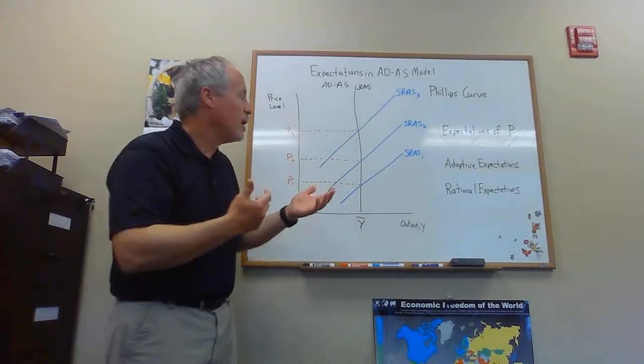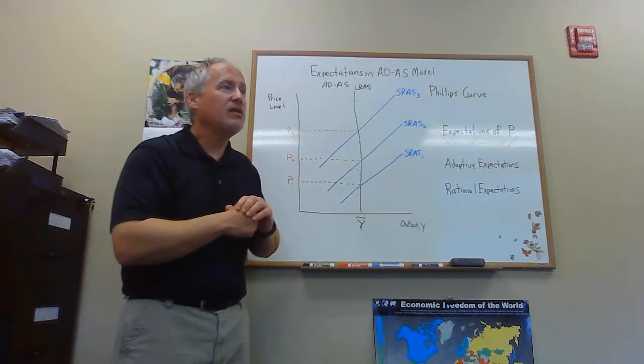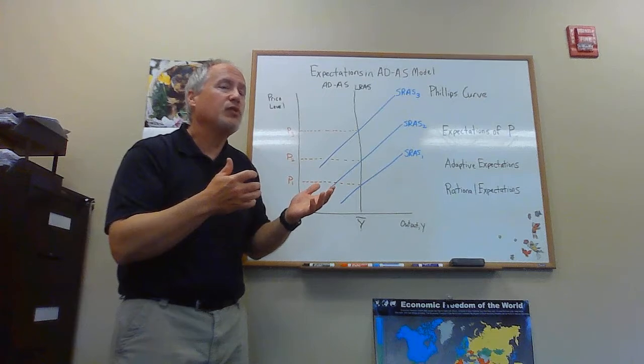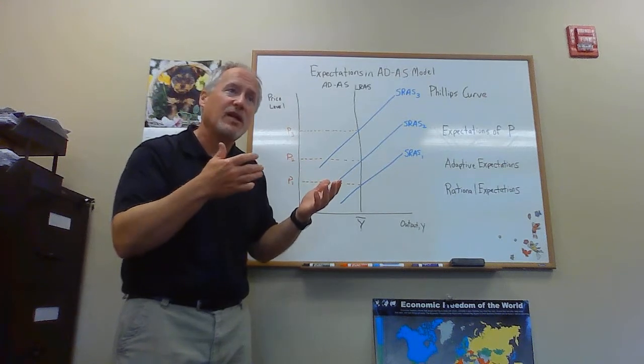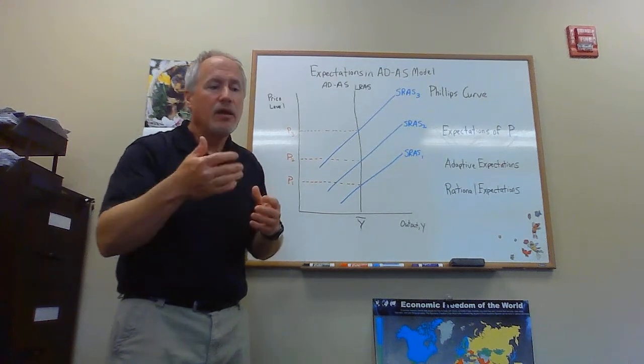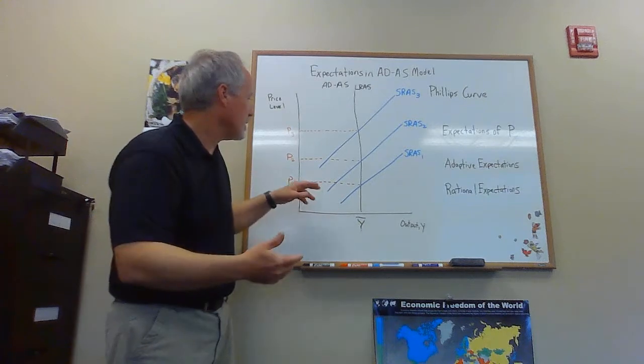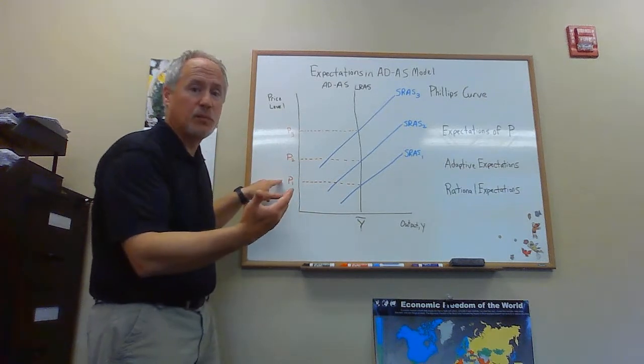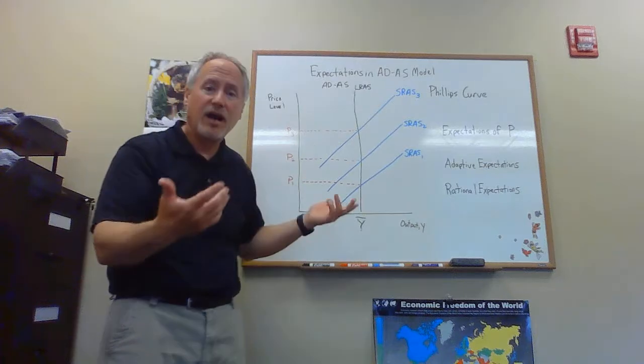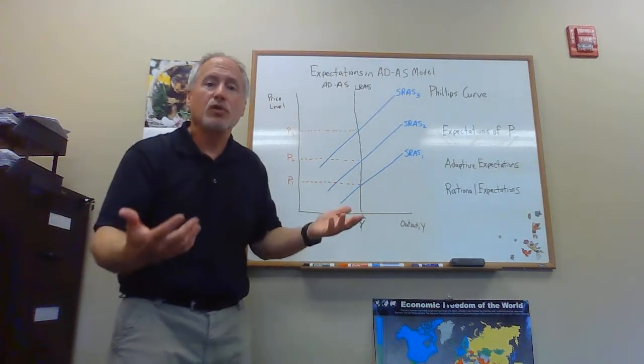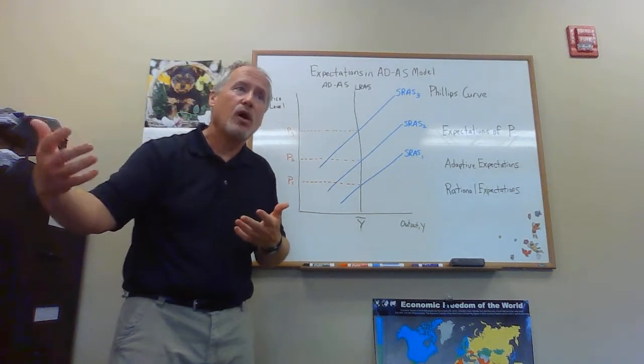Why is that? Well, in part because this is a model economy, but it matters for people whether they set these prices at the right level. If you're a worker and you expect the price level to be P1 and you accept a wage based on that, and the price level turns out to be higher than P1, you will be worse off. Your real wage will not be what you thought it would be.